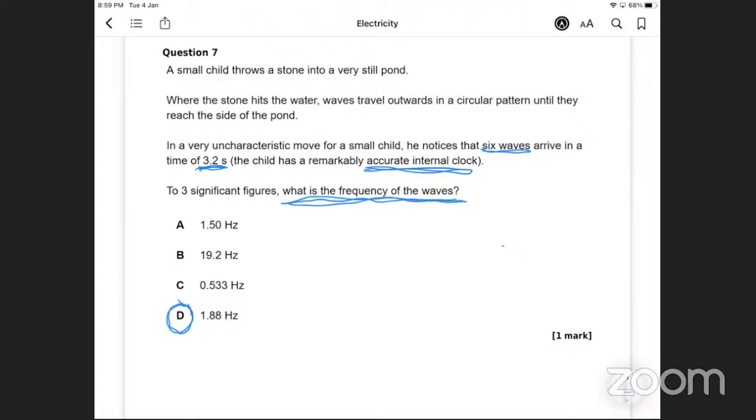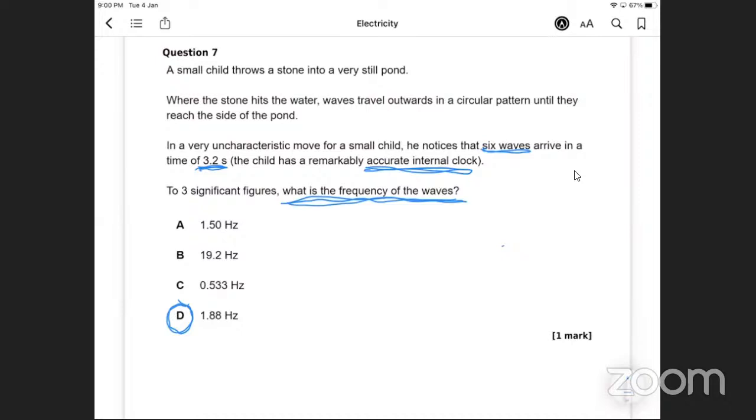And then I said 6 divided by 3.2 seconds, and I got 1.875. Okay, and then you rounded it off to give you the answer as 1.88. That's great. Excellent. Did we all get that? So that's how you're supposed to calculate it.